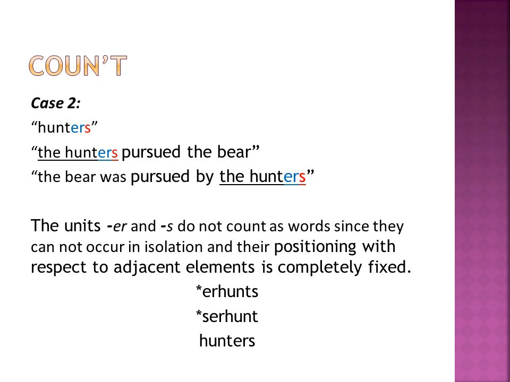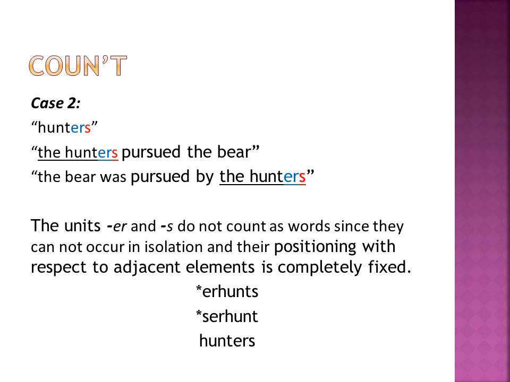That's why it cannot occur in isolation. It cannot stand alone. Okay, their positioning with respect to adjacent elements is completely fixed. This is fixed position. This one, ER and S.